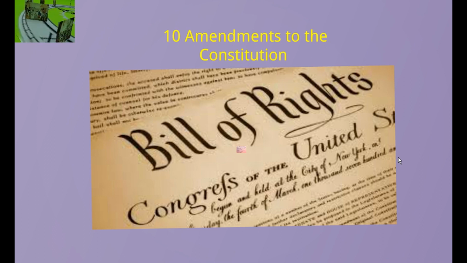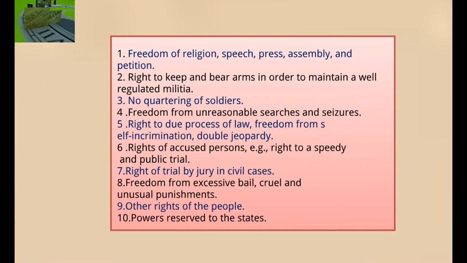So there is centralization of government, there is empowering of the central government, but to give a promise that this central government would not exceed its powers, would not violate the powers of citizens and of states, this Bill of Rights is implemented as a counterbalance. The Bill of Rights is the first 10 amendments that are added to the Constitution. They function as a counterweight to the empowering of the central government.